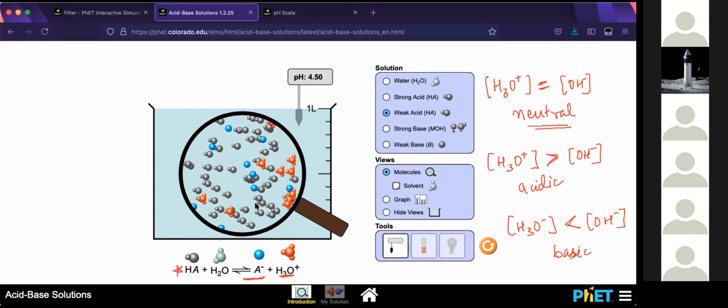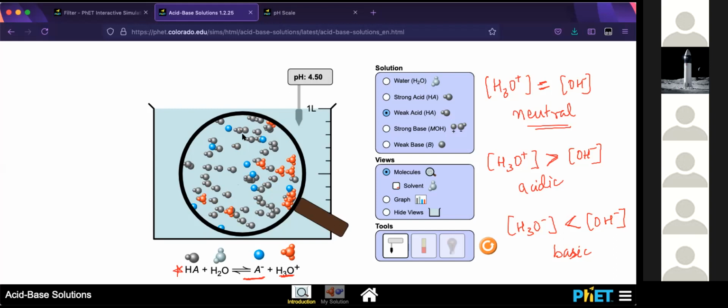HA molecules. So all the molecules are not ionized. Only some of them have broken down into ions. The rest of them are still intact as HA itself. So that is the difference between a strong acid and a weak acid.